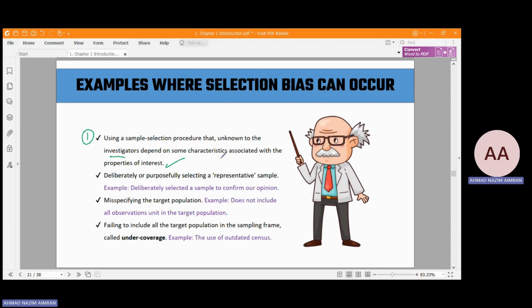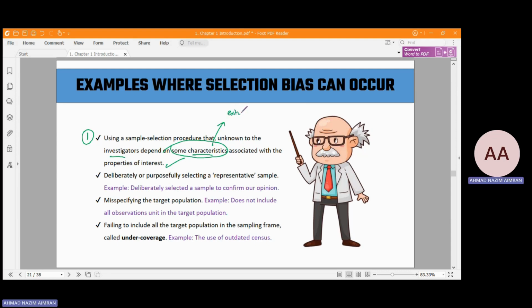So this one is very interesting because this depends on some characteristics associated with the properties of interest. So let's say, for example, guys, in a study, we know that there are two types of people. Basically, commonly we have two types of people.